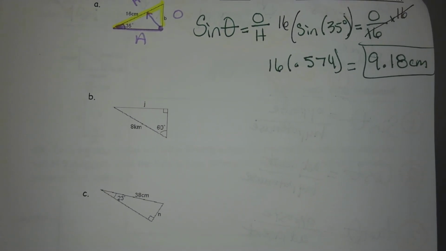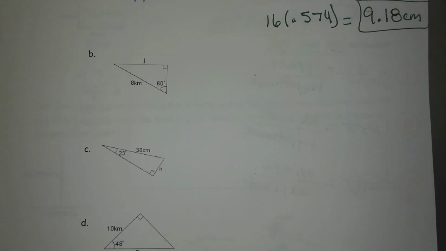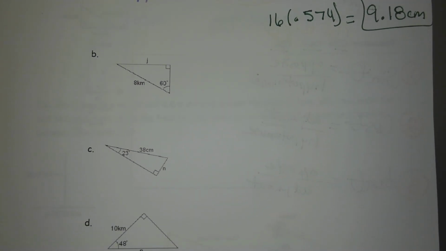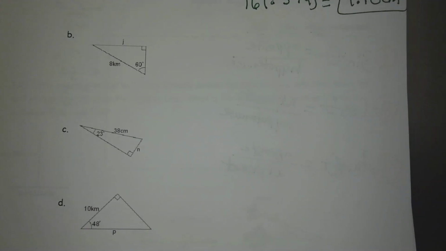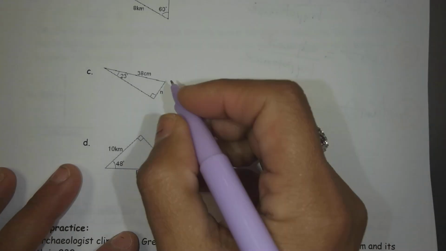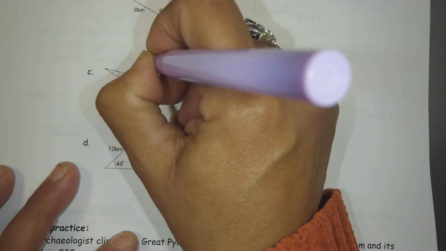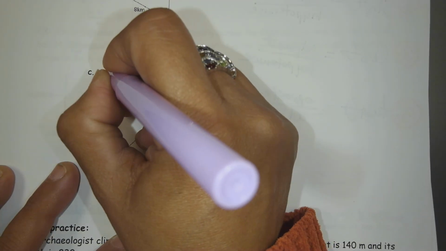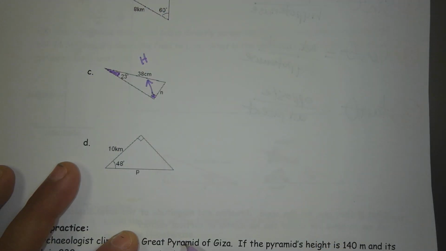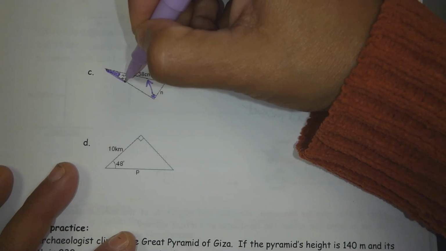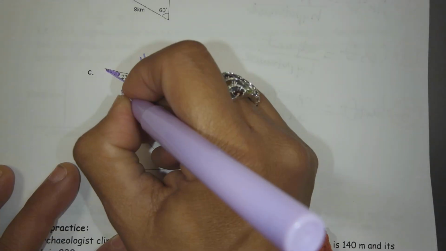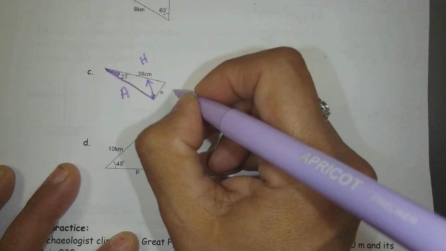Let's look over at letter C. On C, again, I need to label my triangle. Let's label this triangle over here. Here's my right angle. Draw an arrow. That's my hypotenuse. That is so sweet that they gave me the theta, but when I connect that leg to the 90 degrees, that is my adjacent leg.